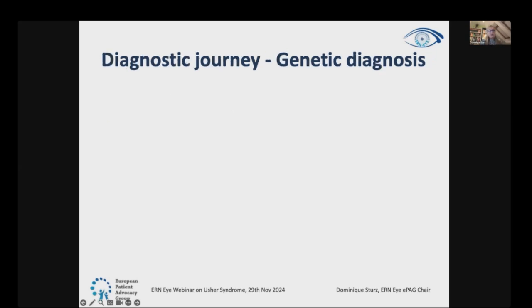So first of all, let's look into the diagnostic journey. When it comes to the diagnostic journey, we know that in Usher syndrome, a confirmed diagnosis can only be a genetic diagnosis because there are diseases that look similar to Usher syndrome, that are mimicking Usher syndrome.